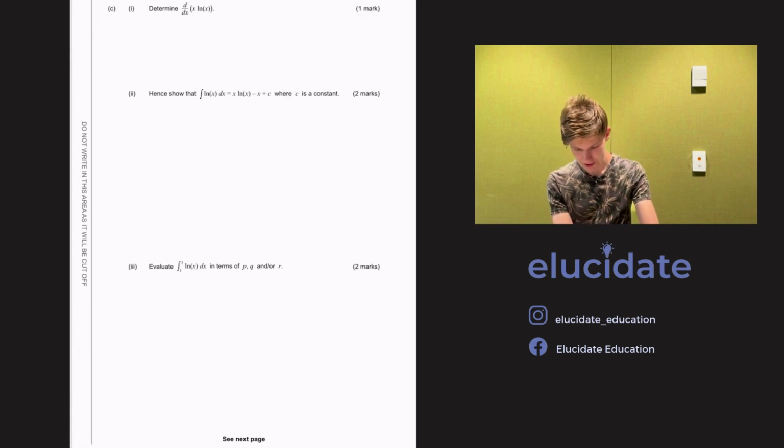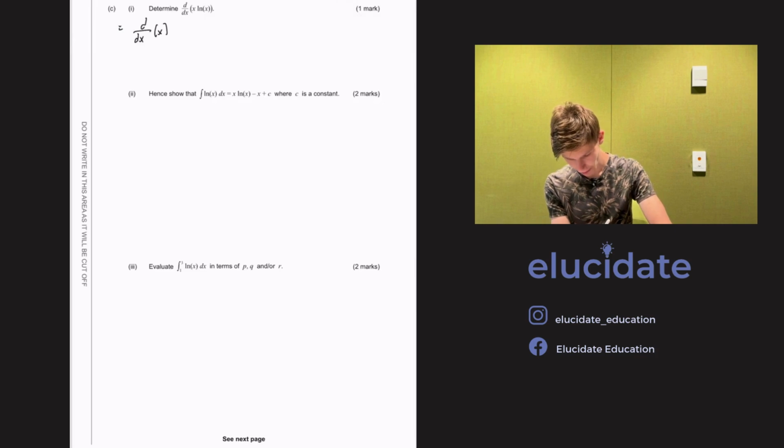Okay, now we're asked to calculate the derivative of x ln x. So again, this is another product rule. We're going to do the derivative of x times ln x, then the derivative of ln x times x. So we'll write that out. x times ln x plus the derivative of ln x times x.